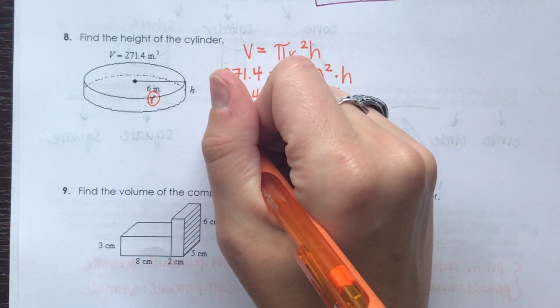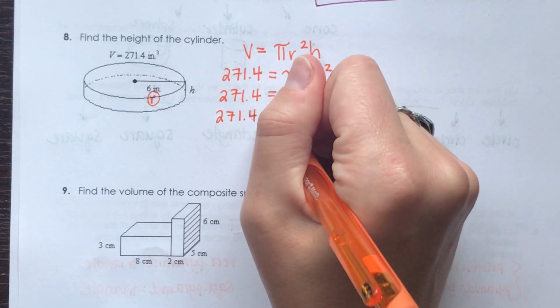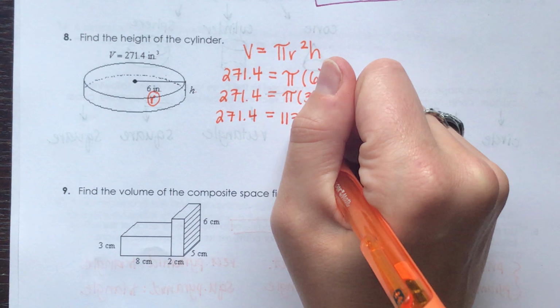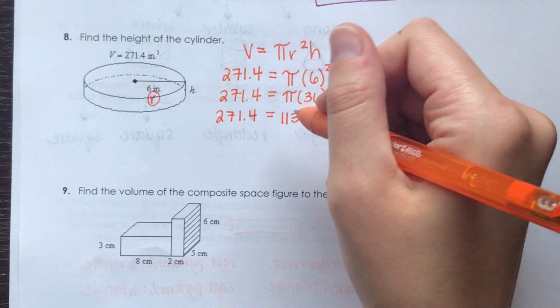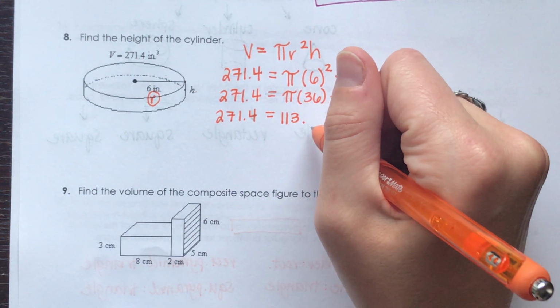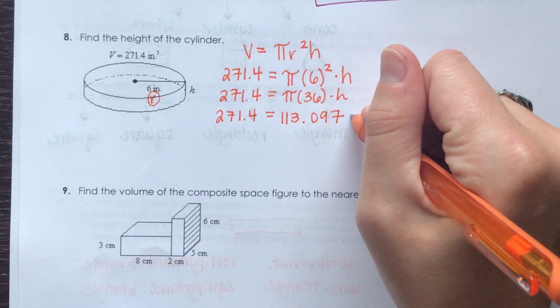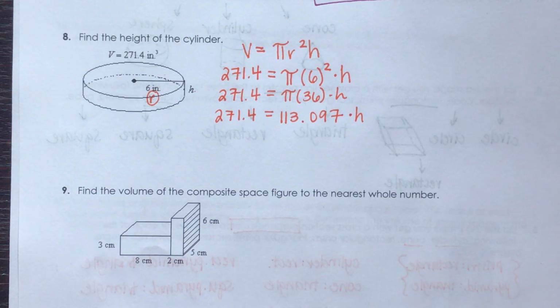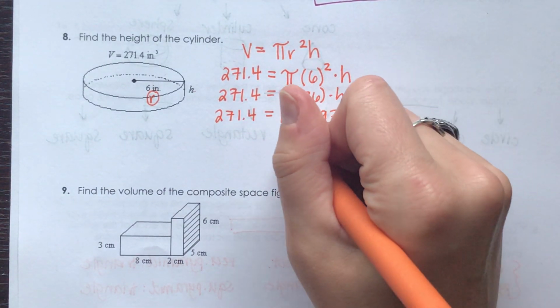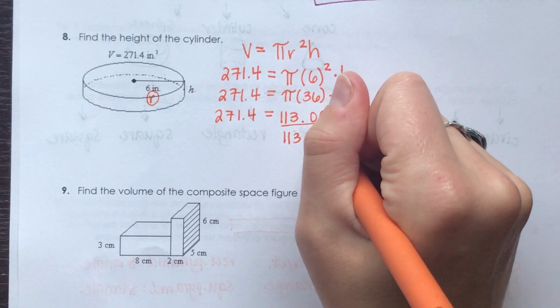Okay, so I end up getting 113.097, and then multiply times the height. And now to get the height by itself, I divide both sides by that 113.097.